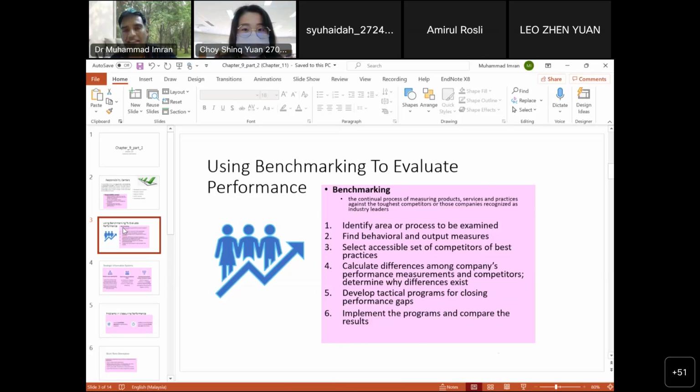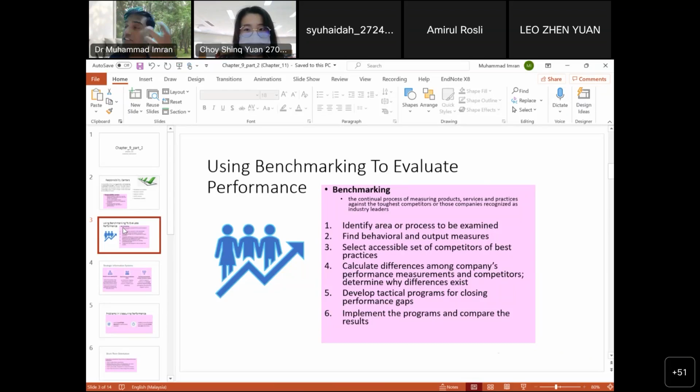Anyway, the main thing is comparing the performance with competitors, or the market leader in the industry. Furthermore, here are some of the steps, for your information: identify the area of the process to be examined. Which area and which company you are examining, which industry you are going to examine the performance with your competitor. Find behavior and output measures. Select an accessible set of competitors or best practice.